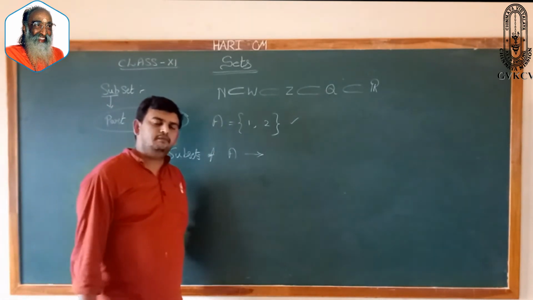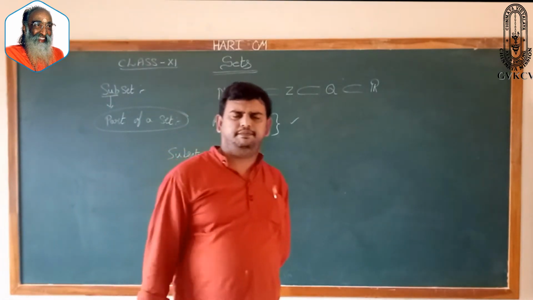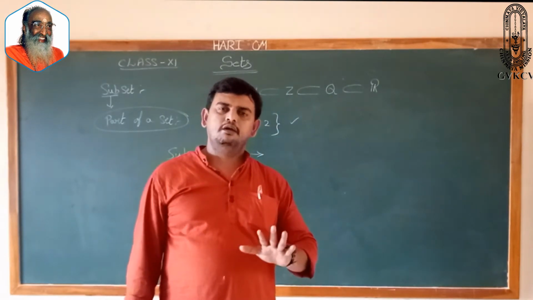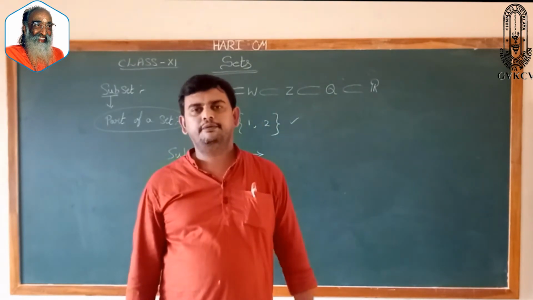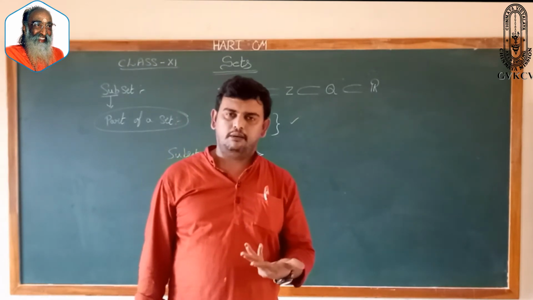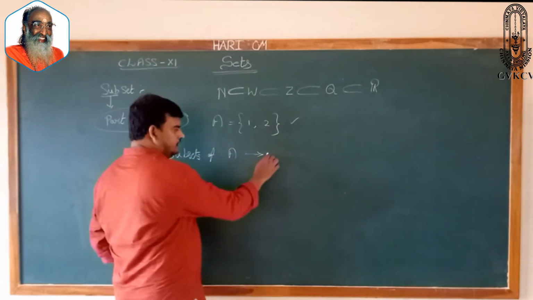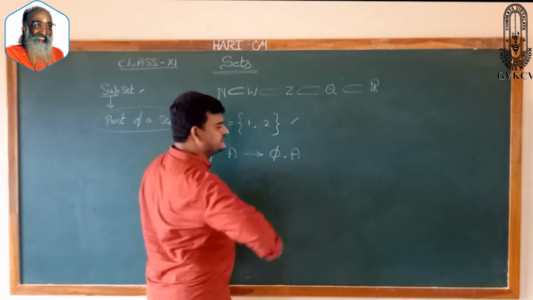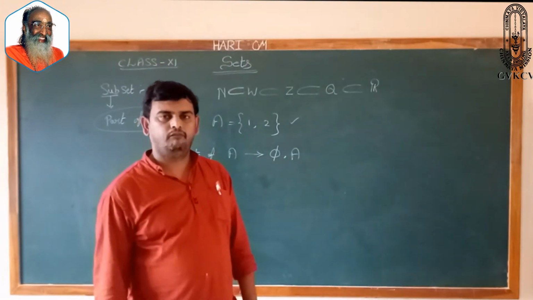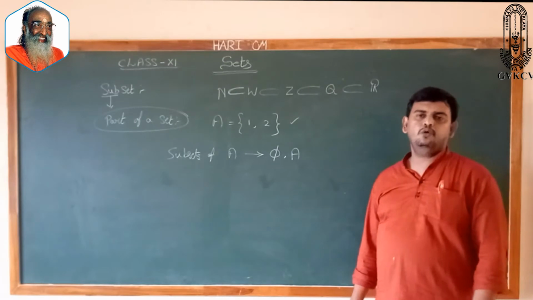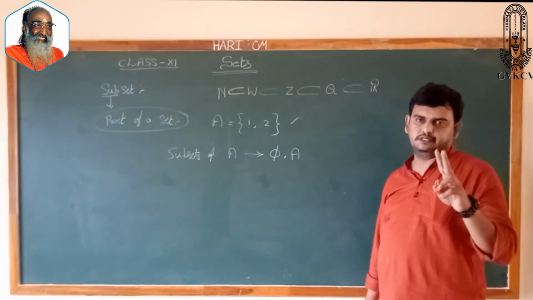You remember one thing: for any non-empty set, we have minimum two subsets. What are they? The empty set and the set itself. For every non-empty set, we have minimum two subsets.